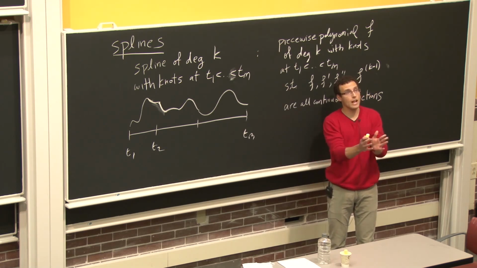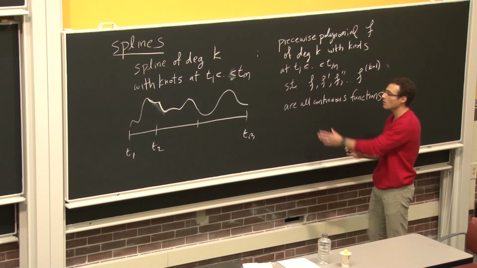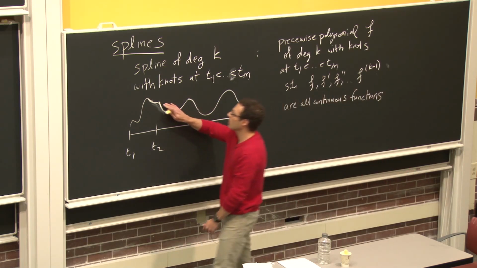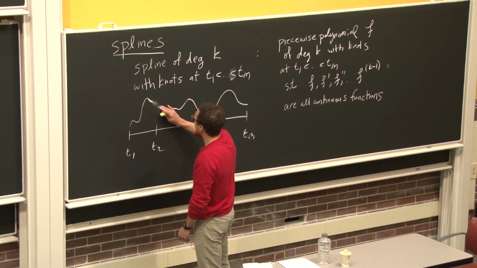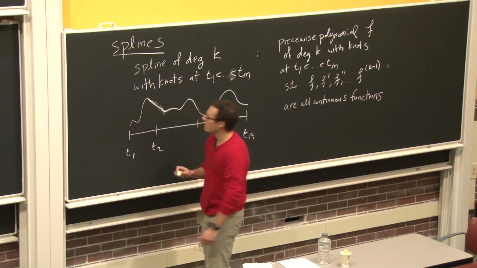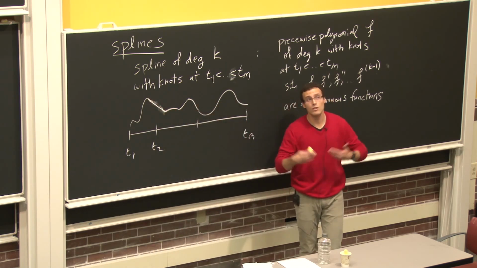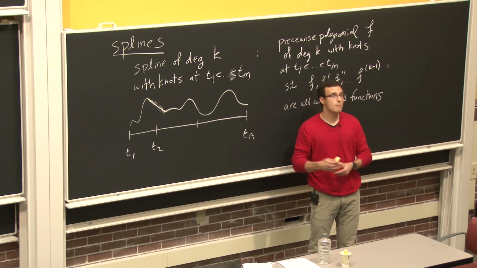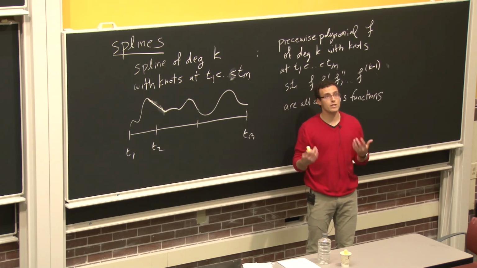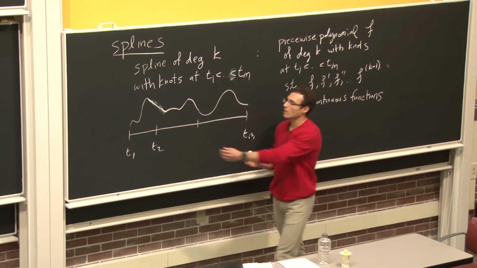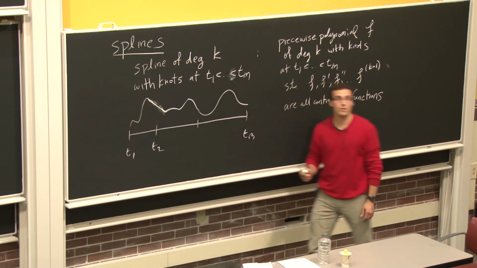If I restrict the class of things I'm looking at even further by saying I actually want this to have a smooth derivative at the knot point, then essentially I may be increasing the bias because I'm not allowed to look at as many functions. But I'm increasing the bias at the cost of reducing the variance. I'm not allowing the function to take arbitrary shapes at these knot points. It has to be very smooth.